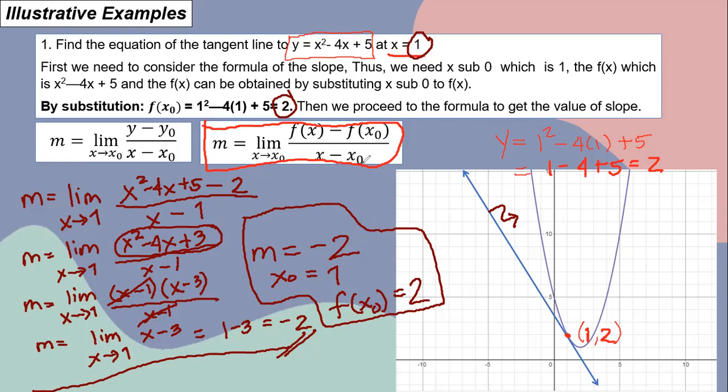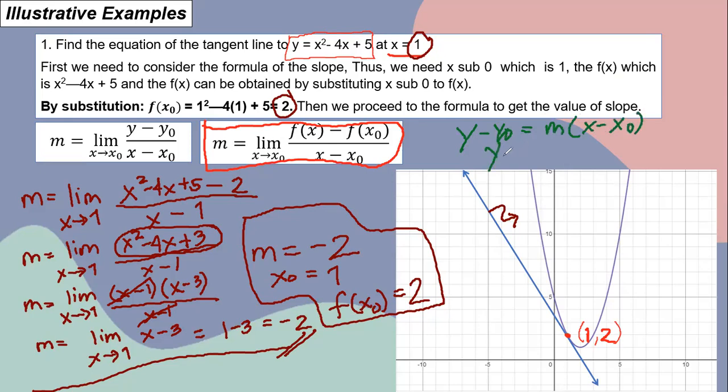We have computed them already. So we will have to substitute the given values or the computed values into the point slope form. Okay, so point slope form is y minus y sub 0 is equal to m times x minus x sub 0.